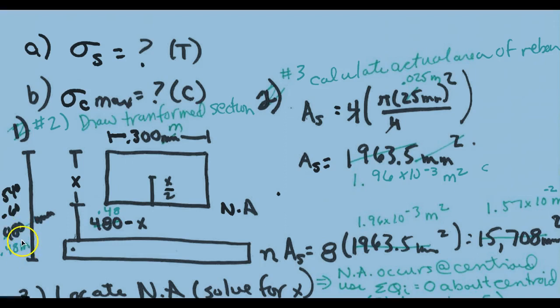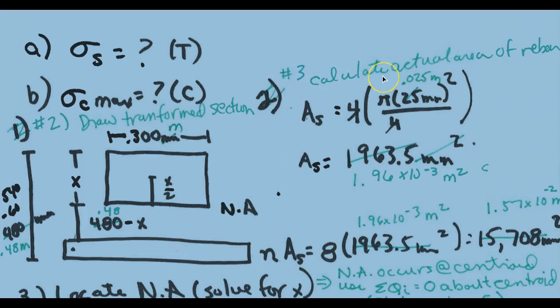So that gives us 480 millimeters from the top to the center of the steel rebar, or 0.48 meters. Now I've turned everything into meters as well because I just find it's really easy to get into the weeds with using meters and millimeters in the same problem. So I always take things to base units, but that is a personal preference. If you're comfortable working with it a different way, then that's fine.